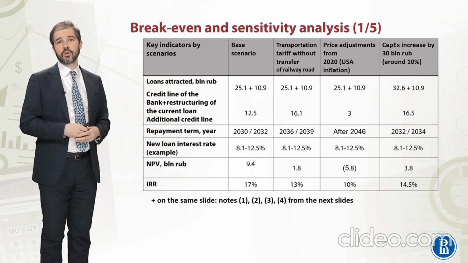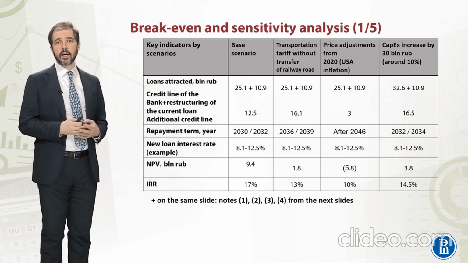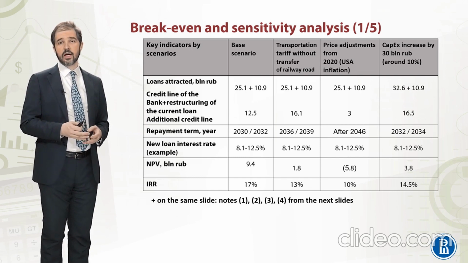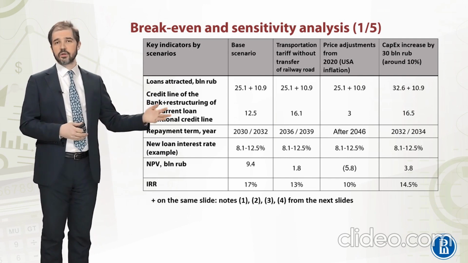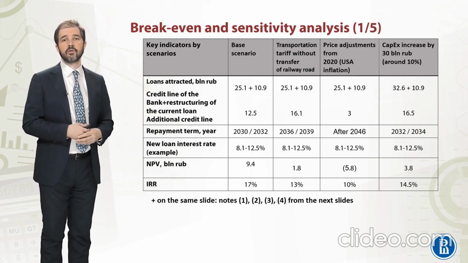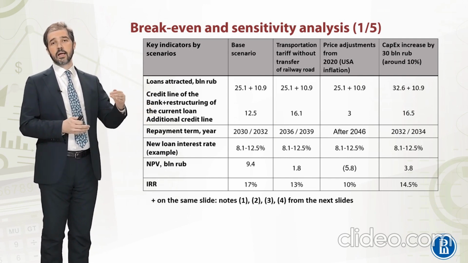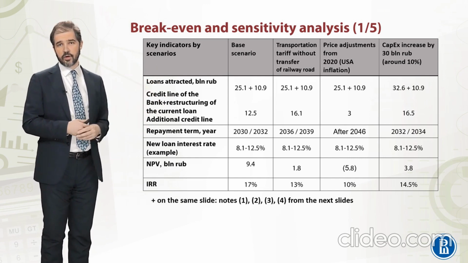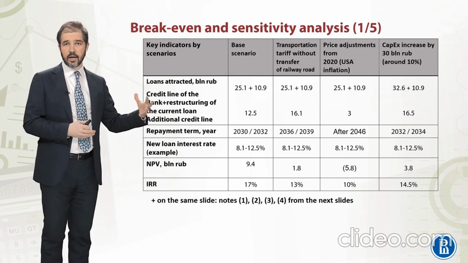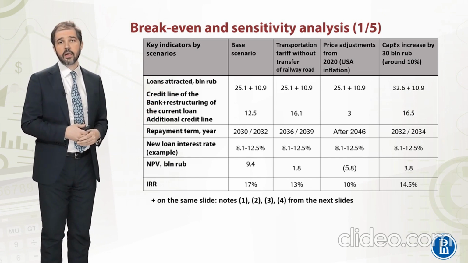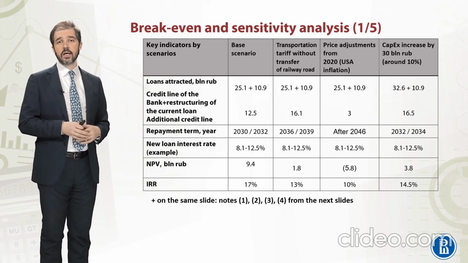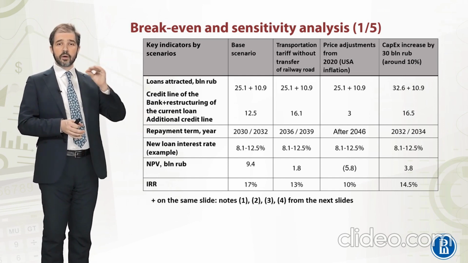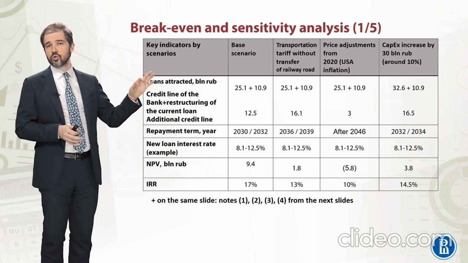Then what do we see? Scenario number 3, price adjustments. For example, starting from some period in the future, 23, 25, whatever year, we decide not to significantly increase prices for our product in accordance with some forecast of analyst reports, but just to inflate by some long-term rate.